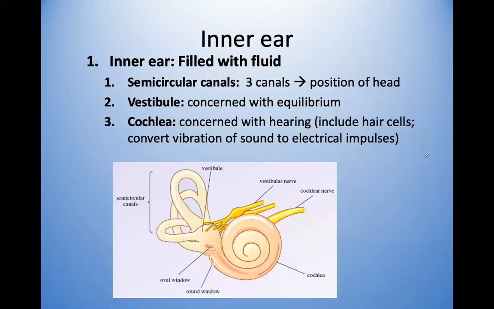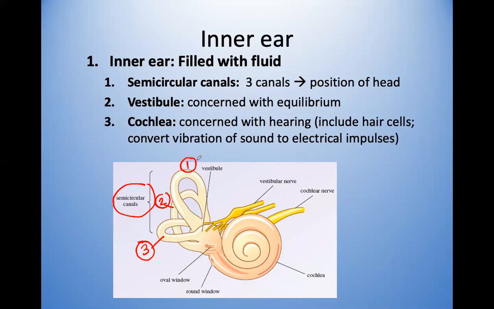Now, the inner ear has three structures. You have your semicircular canals, and there are three of them: an anterior one, a posterior one, and a lateral one. These detect the positioning of the head when you move it.